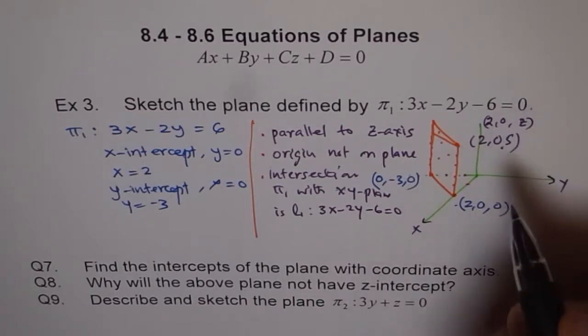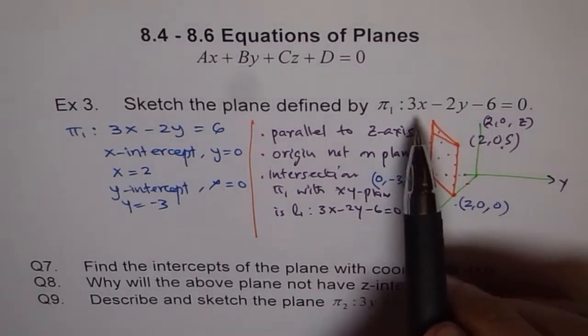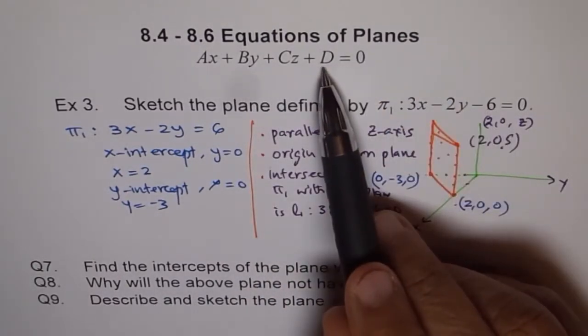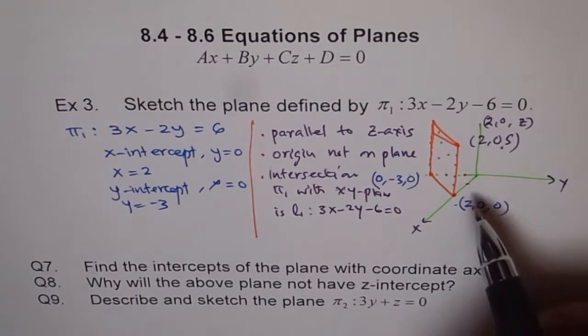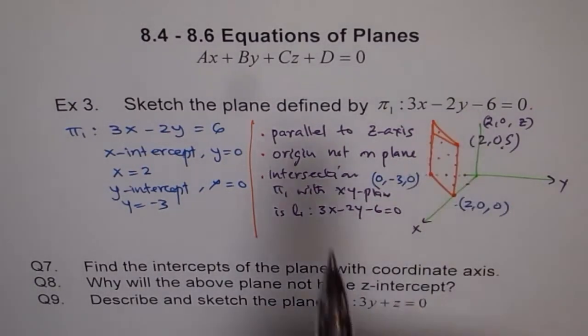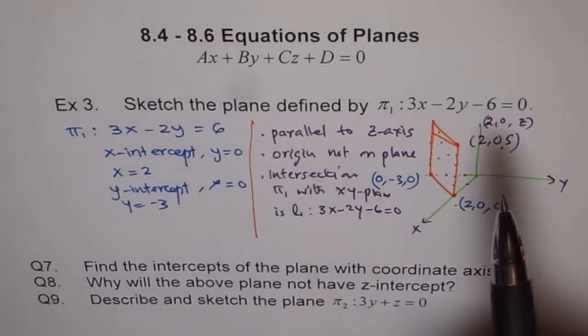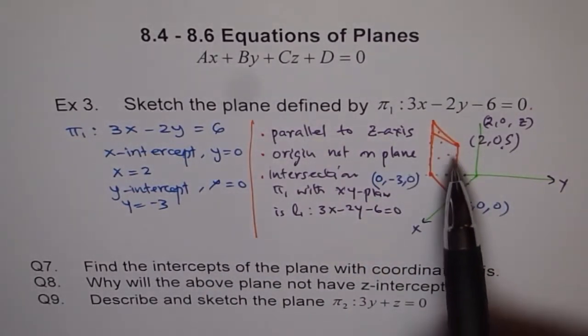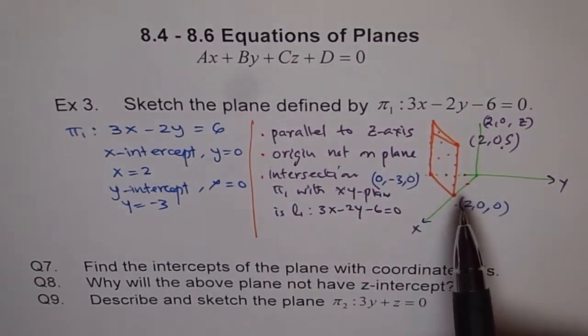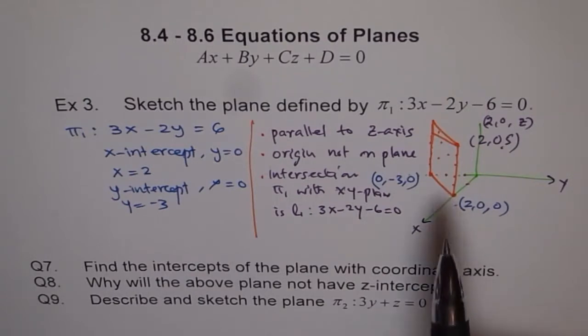I hope you understand how to sketch a plane where two variables are given out of the three and d is not 0. If d is not 0, that means the origin is not in the plane. And whichever variable is missing, for example here z, the plane is parallel to that axis. If y was missing, it would be parallel to the y-axis. Do you understand? I hope you understand. If not, you can put your comments and then we can look into it.